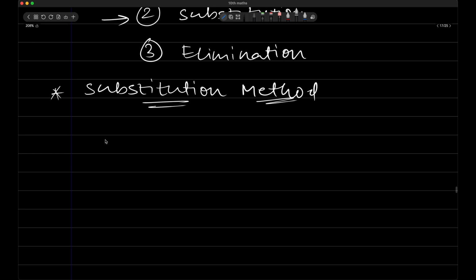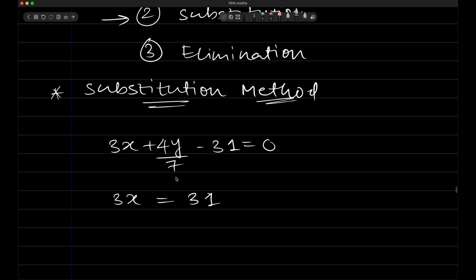If we are given a linear equation, for example 3x plus 4y upon 7 minus 31 equals 0, and we want to make x the subject, then we send all the terms except x to the other side, that is minus 31 becomes plus 31, and plus 4y by 7 becomes minus 4y upon 7.